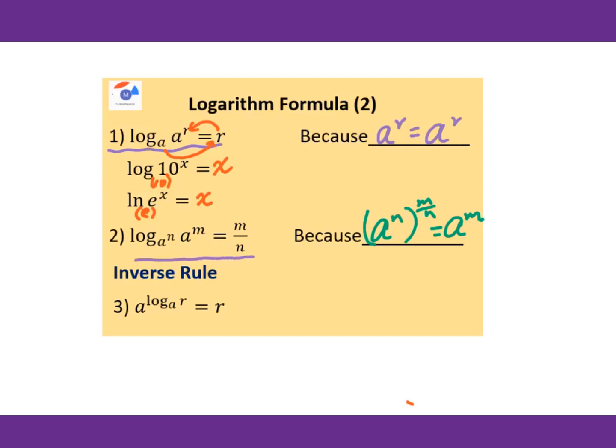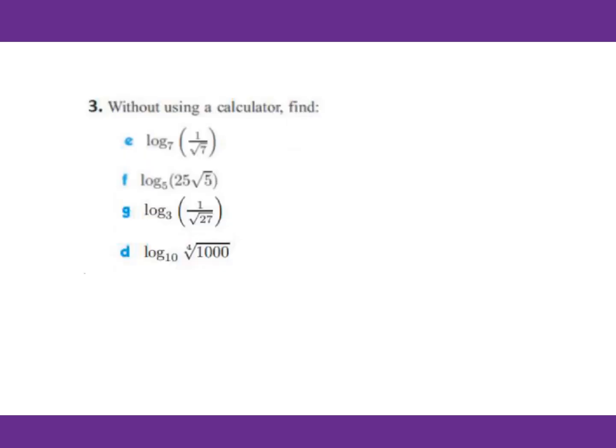For the inverse rule, you will get a to the logarithm base a of r equals r. When the base is a simple number, like 7, 5, 3, 10, normally we use log base a of a to the r's power equals r to evaluate.